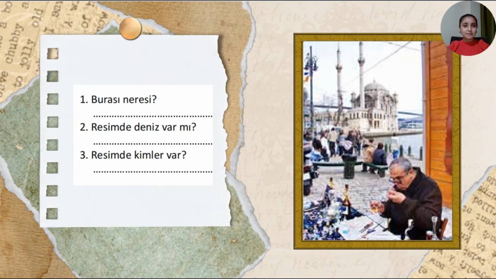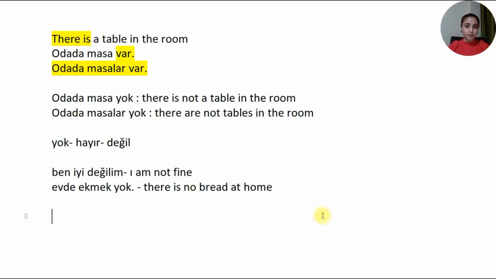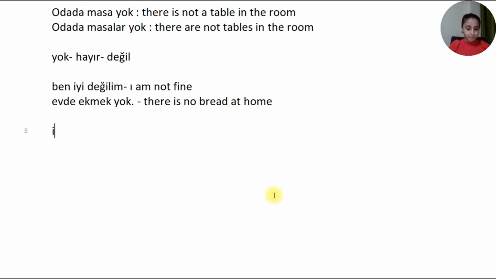İnsan word. This word is one of the words that we need to be careful again. İnsan. It is singular, not people. It is just a person or human. And if you want to say people as plural, we want to say insanlar. Now it is people.